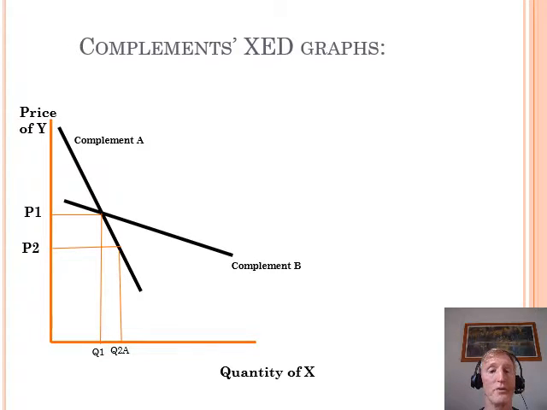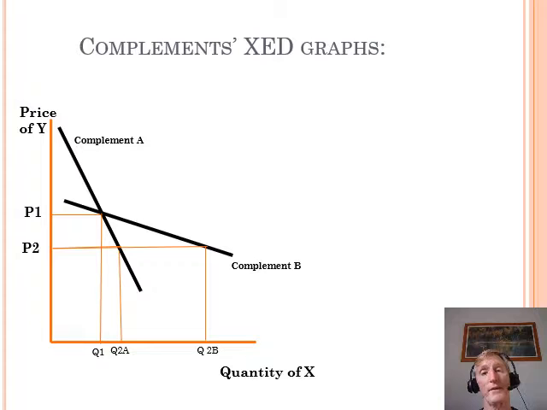another type of good, which is also a complement, we see the price going down from P1 to P2, but in this case there's a huge change in the quantity, and that means complement B is a close relationship. And you would think, in fact, perhaps my example of staples and staplers might be pertinent here.